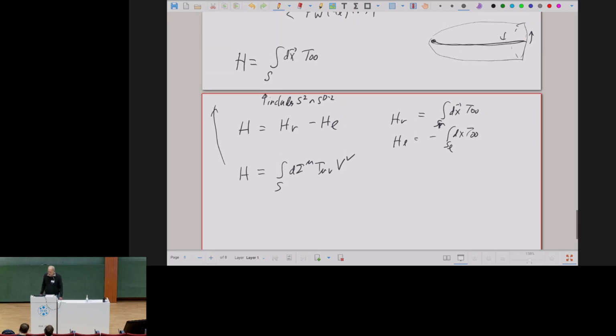So now we know that HR is the operator that generates a rotation just on half of the initial value surface. Remember, this picture is the one that computes rho R. Rho R is computed by a path integral on that picture.